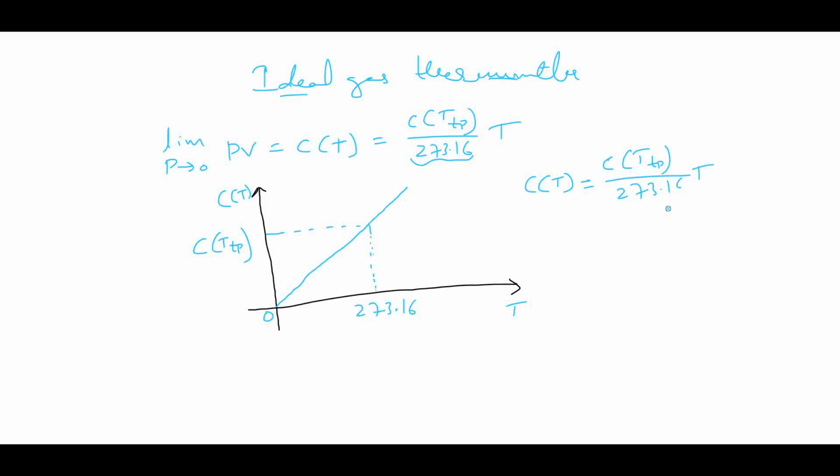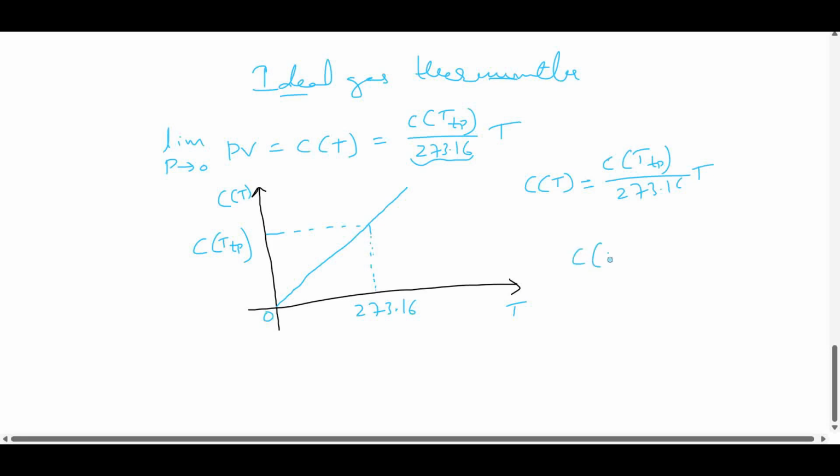So this will give us temperature. So here C of t is equal to RT, and this is a limit. Here we are considering molar volume, basically volume of 1 mole of gas.